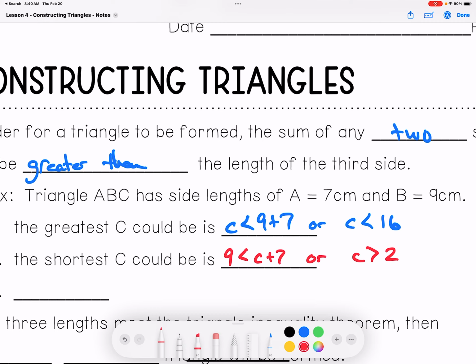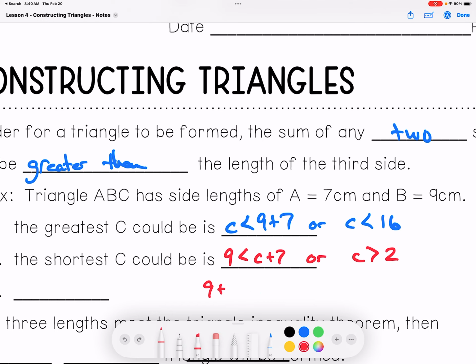But the reason is because the sum of any two sides has to be greater than the length of the third side. So if you had 9 plus 7, okay, that's 16. So it has to be less than that, because that has to be more, okay?